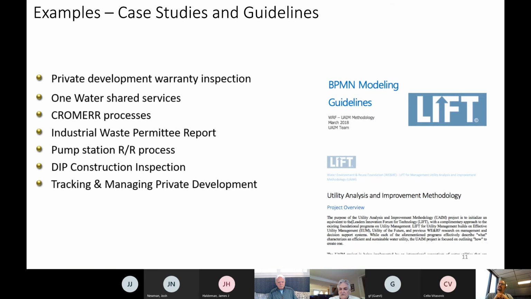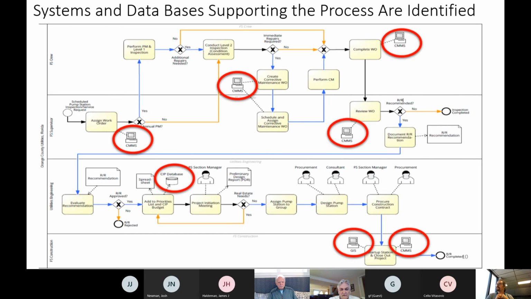Why don't you go back one slide, Eric? I just wanted to point out a couple of things. One is that you see the arrows in this diagram are colored. Modelers can use colors very effectively to show things like this is the normal execution path. So the blue things are probably the way work normally flows, and the yellow paths are exceptions.